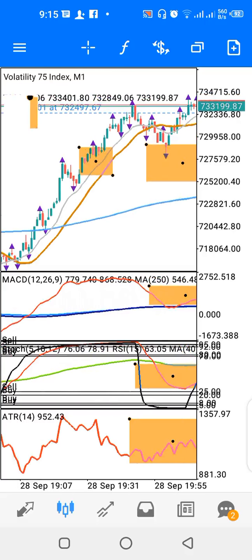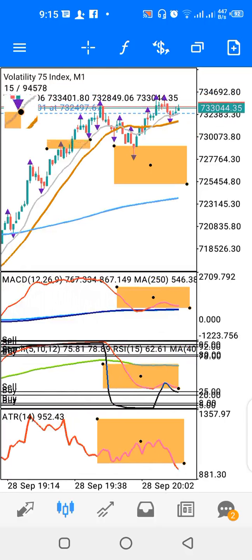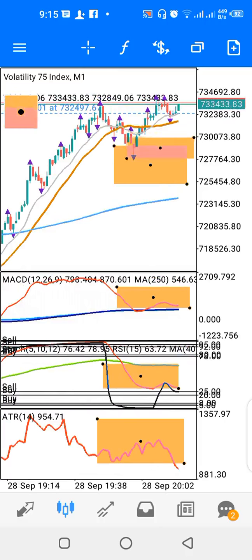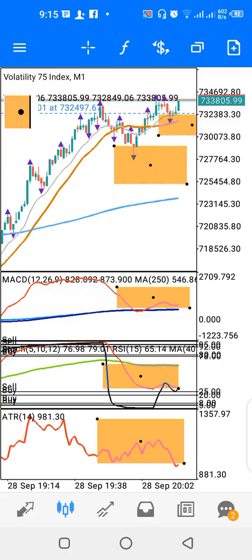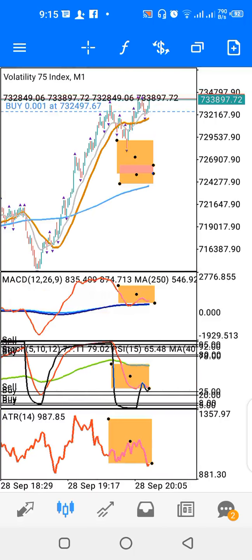My take profit will be when the gray line drops and crosses below the orange line. But when the gray line pops up above the orange line again, I can buy again, just like what I've just done now. You can see currently buying, price going up.